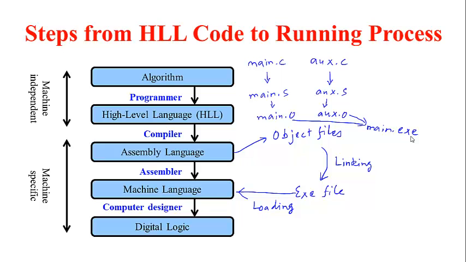As a specific example, if you have a program split into two C code files, let us say main.c and aux.c, then each of these C files will get converted into an assembly language file with a .s extension, and each of these assembly language files will get converted into an object file which typically has an extension .o. And then finally, in the linking process, all the .o files are combined together to get the executable file.